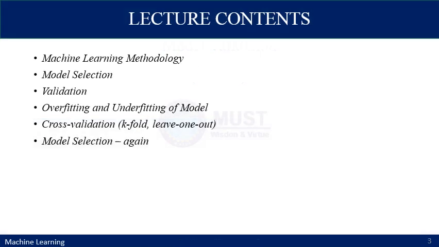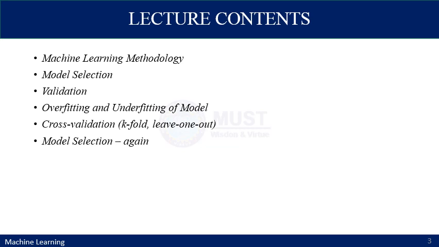In this lecture we are going to overview a machine learning methodology once again, and we will start by picking a model. However, in this lecture we will focus on the validation of the model instead of optimization techniques.